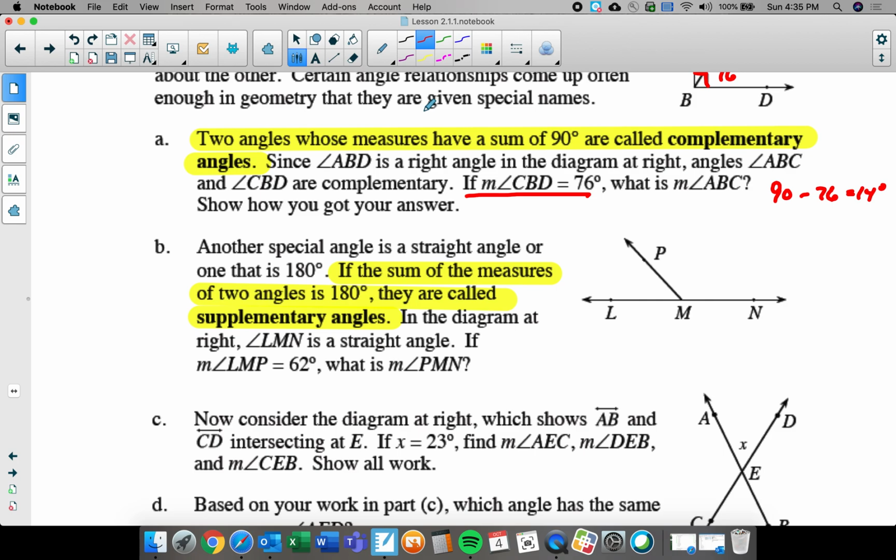So if the measure of angle LMP is 62 degrees, what's the rest of it? 180, the total, minus 62, the part we already have, gives you 118 degrees. That's that angle measure. So those are two types of angles: complementary adds up to 90, supplementary adds up to 180.